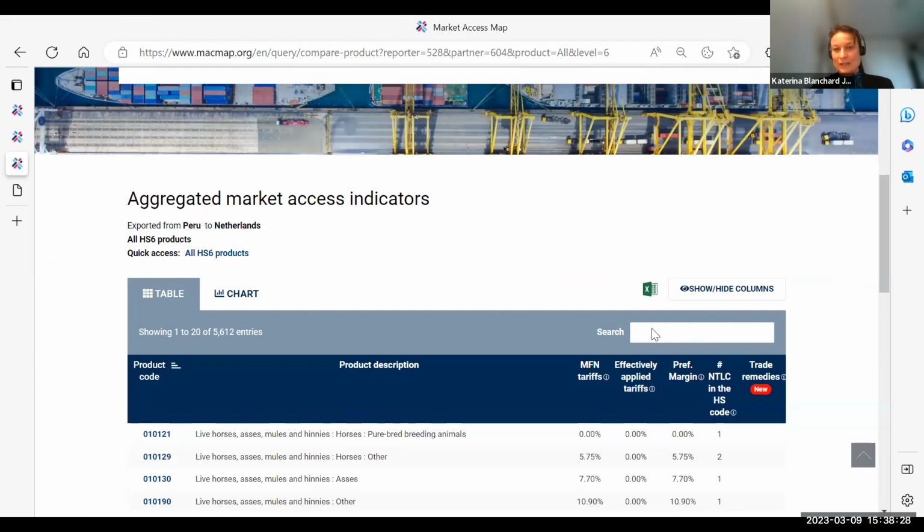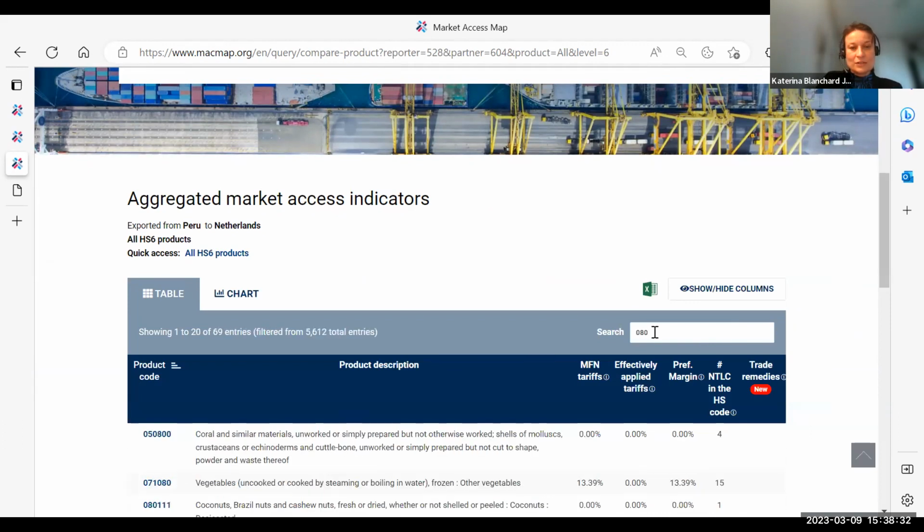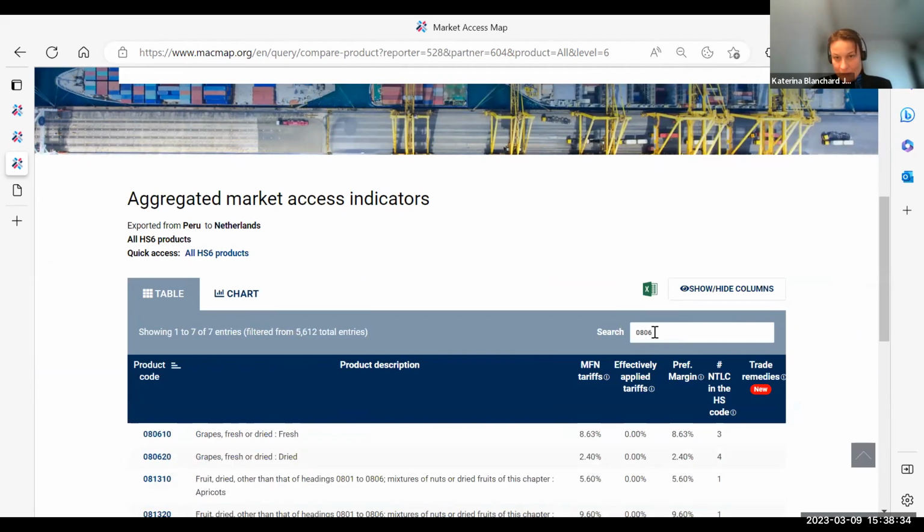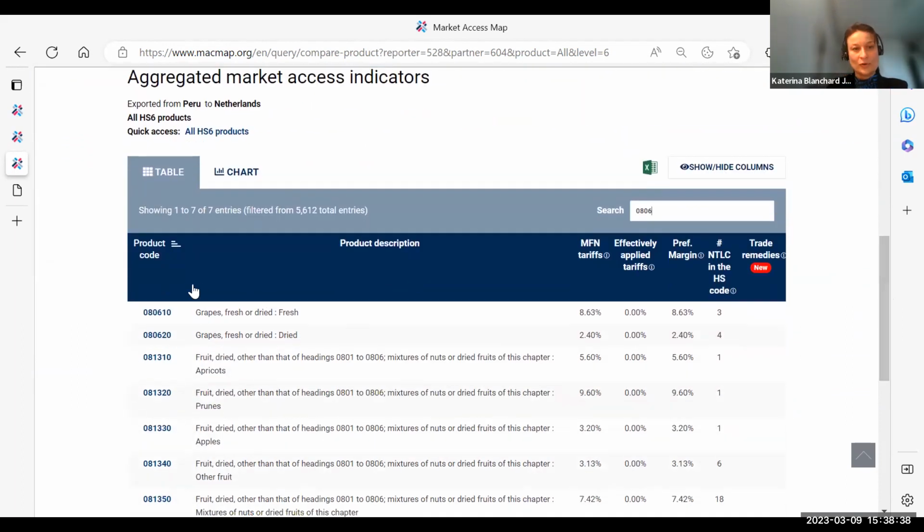Here we can type 0806, and we will be able to compare both products. So the average MFN tariff for fresh grapes would be higher than for dry grapes. And we already see that for dry grapes, we have 4 national tariff lines, for example.